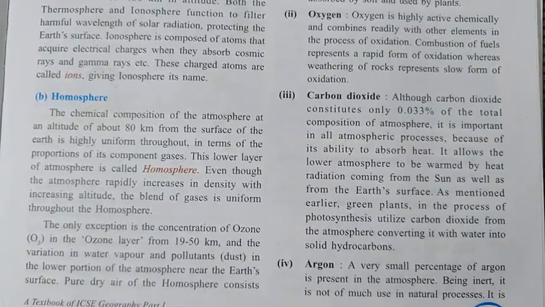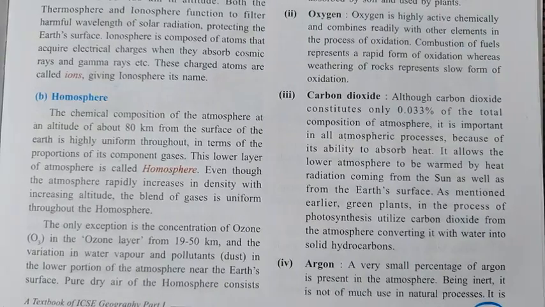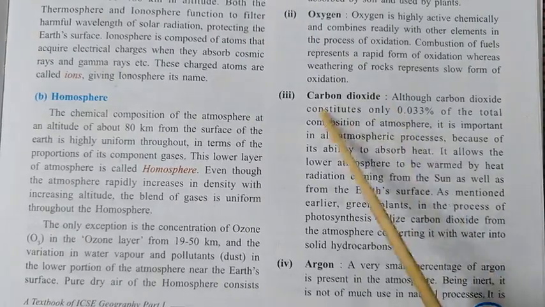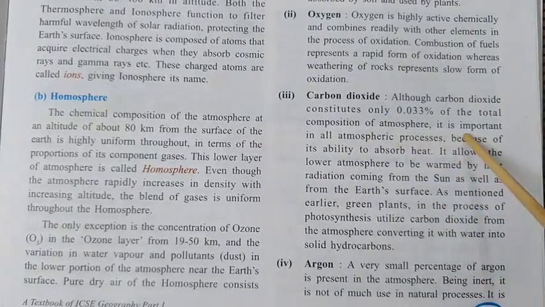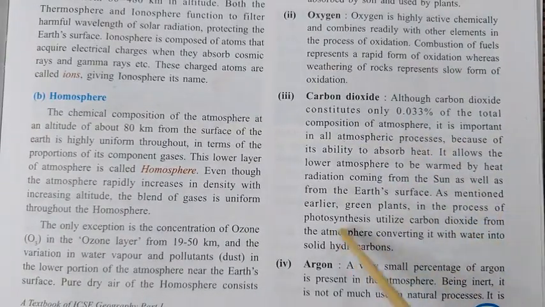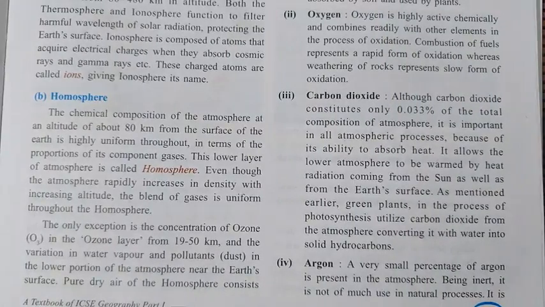They take carbon dioxide in the presence of sunlight and in the presence of chlorophyll, and they prepare their food. So this is how carbon dioxide is very, very important, and it helps in the process of photosynthesis.